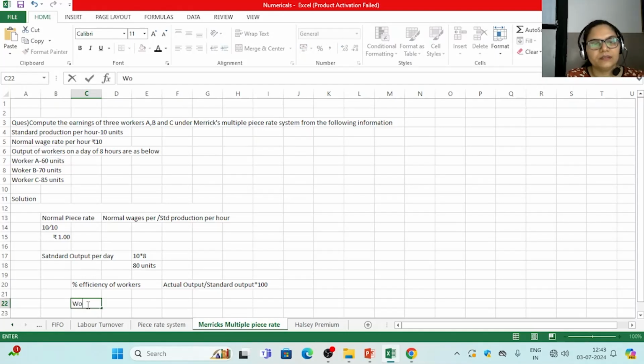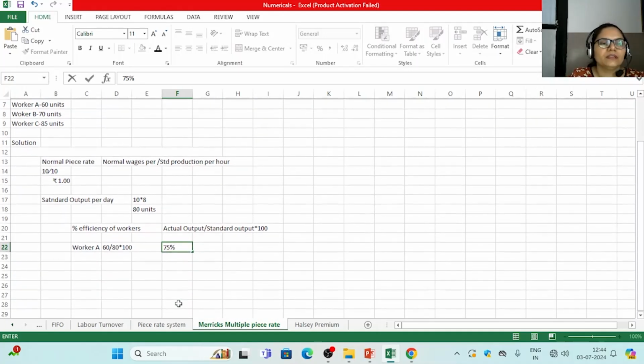Worker A: actual output is 60, which will be divided by standard output, that is 80, multiplied by 100, and it will give the efficiency of worker A, which is 75%.